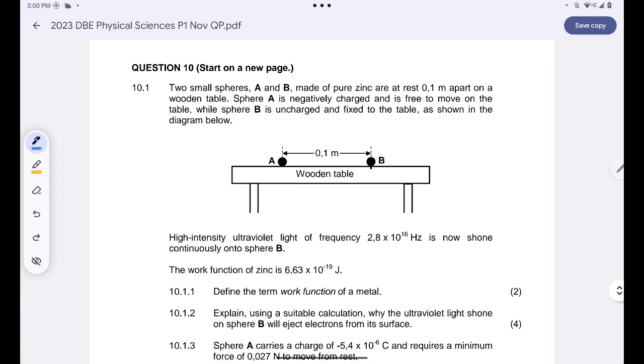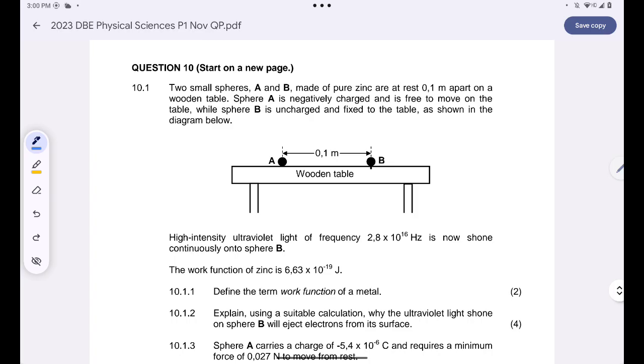We are told that high intensity ultraviolet light of frequency 2.8 times 10 to the power 16 Hz is now shone continuously onto sphere B. The work function of zinc is 6.63 multiplied by 10 to the power negative 19 joules.